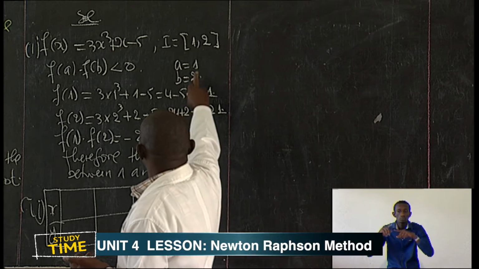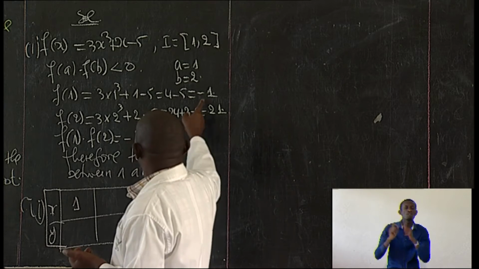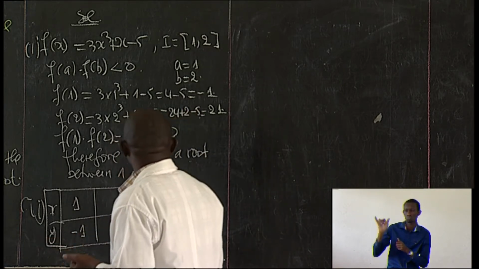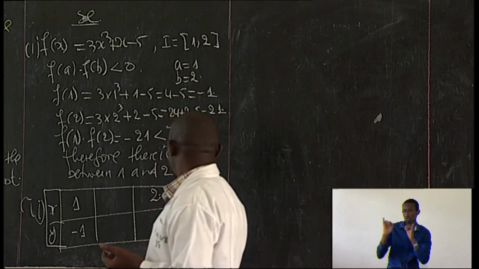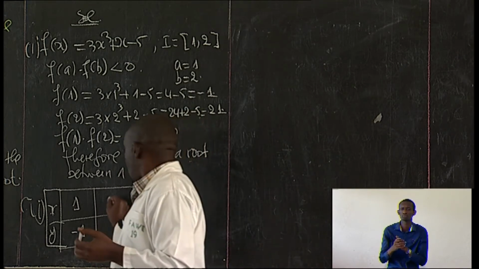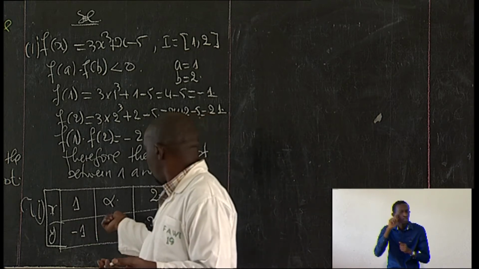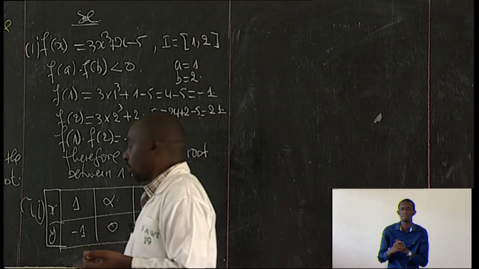When x equals 1, the corresponding value of y is minus 1. And when x equals 2, the corresponding value of y is 21. Suppose alpha is my root. And as it is the root, it means f of alpha must equal 0.